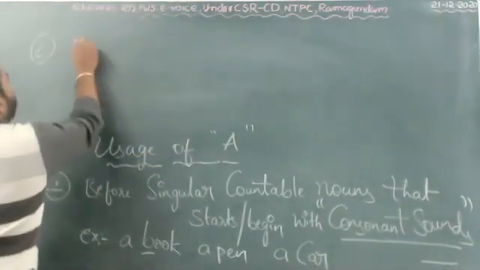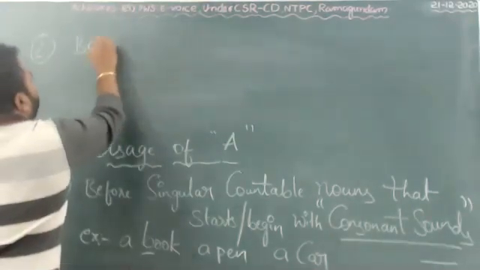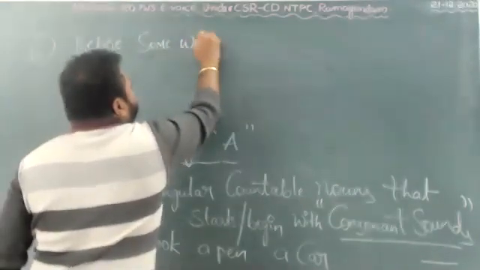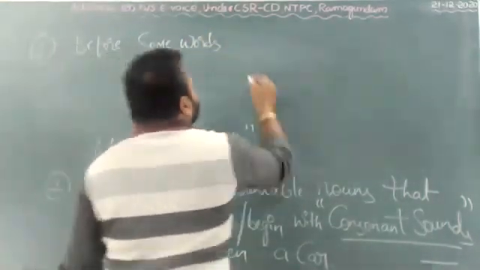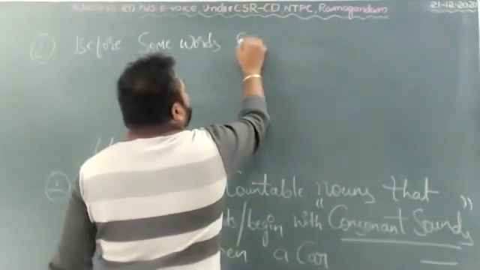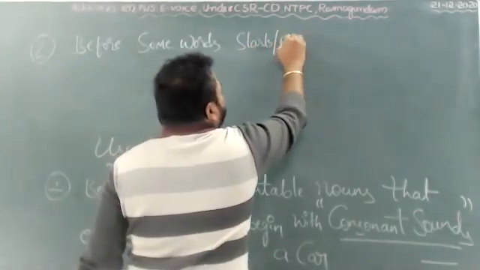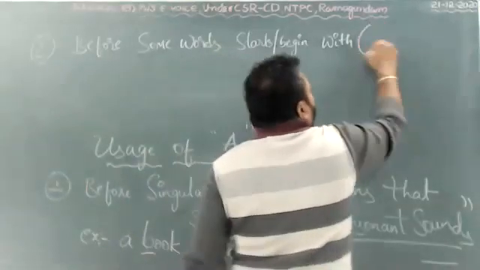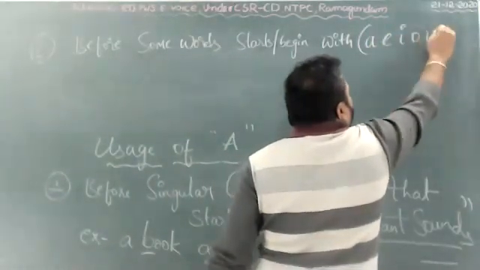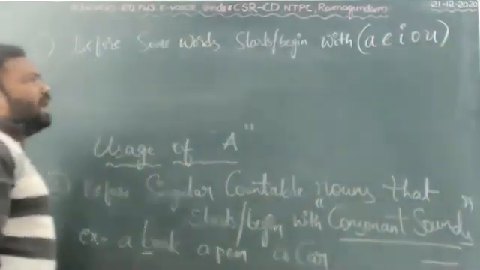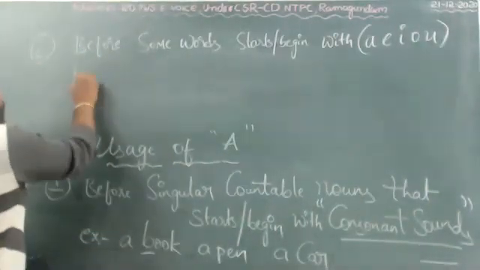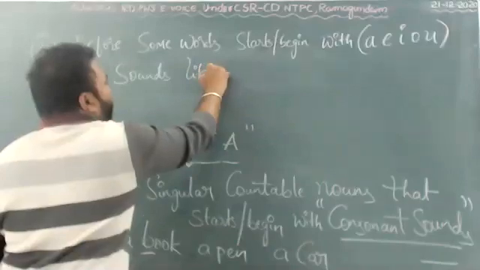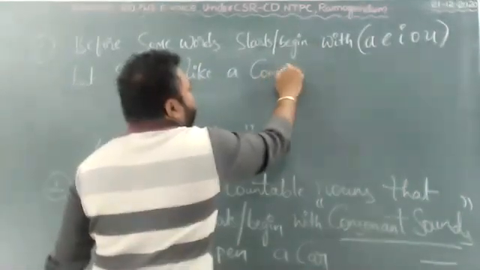A is also used before some words that start or begin with A, E, I, O, U, but sound like a consonant.